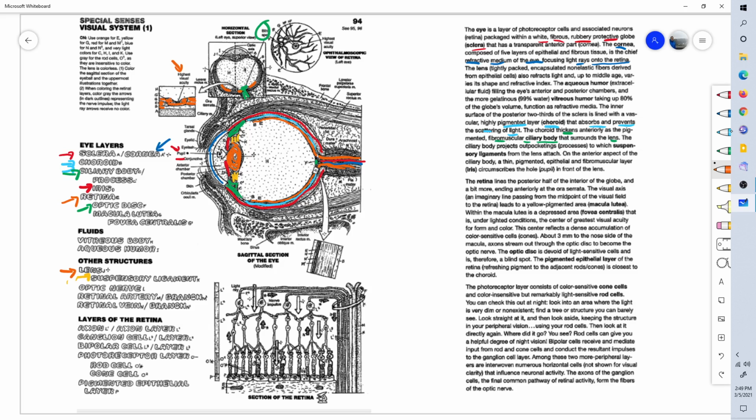And it's got a little depression in there, a central area called the fovea centralis. It's the area of highest visual acuity. The macula lutea and the fovea centralis.